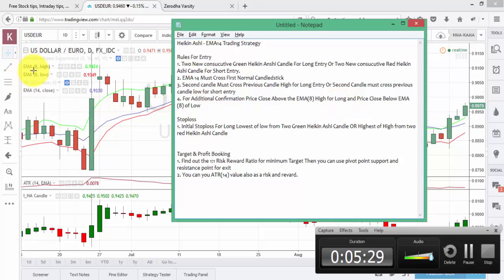Here I just show the EMA8 on high and EMA8 on low. This green line shows the EMA8 on high, and this red line shows the EMA8 on low. So for a short, the price must close below the EMA8 of low.